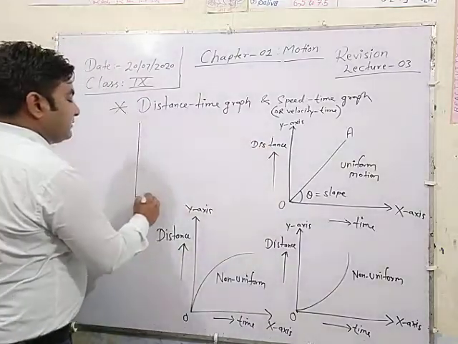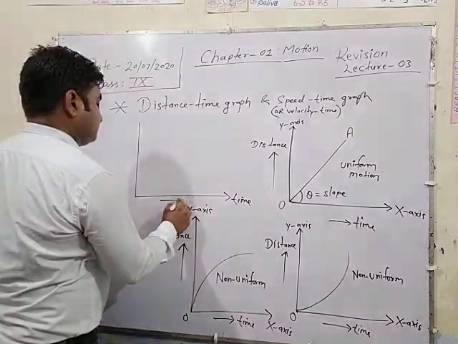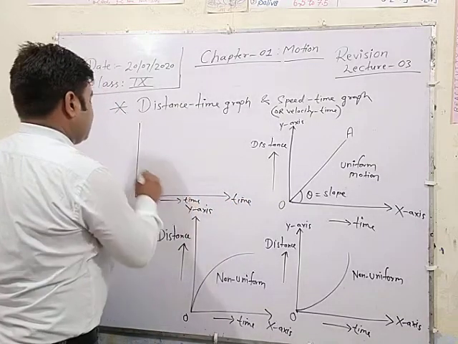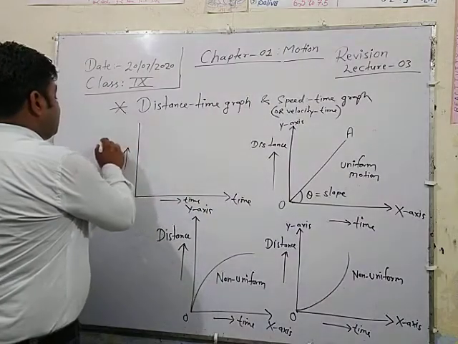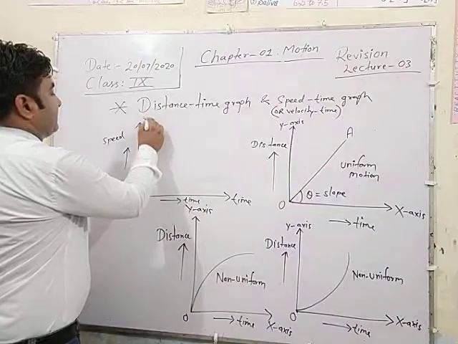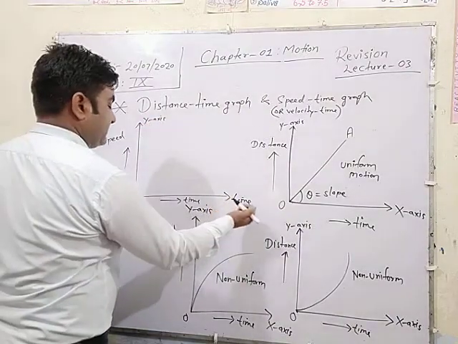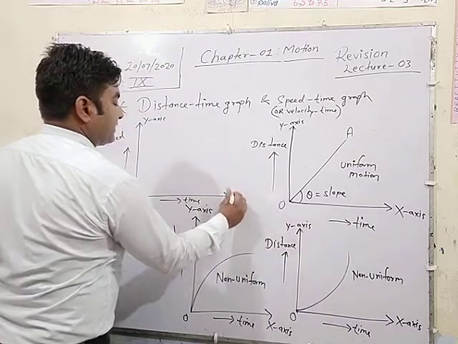Suppose this is the time axis and this one is the speed axis, that is, the y-axis representing speed and the x-axis representing time.